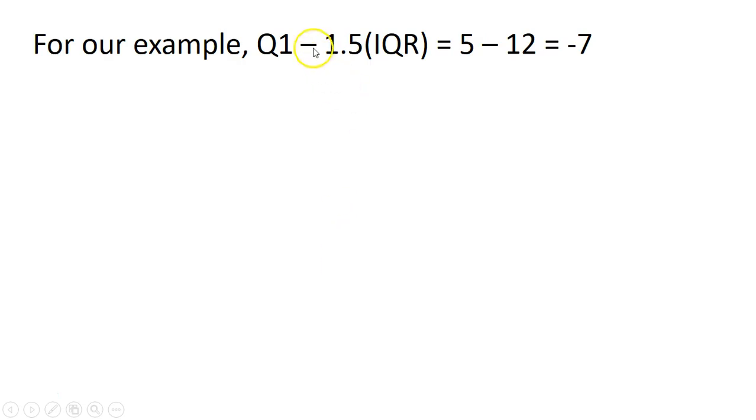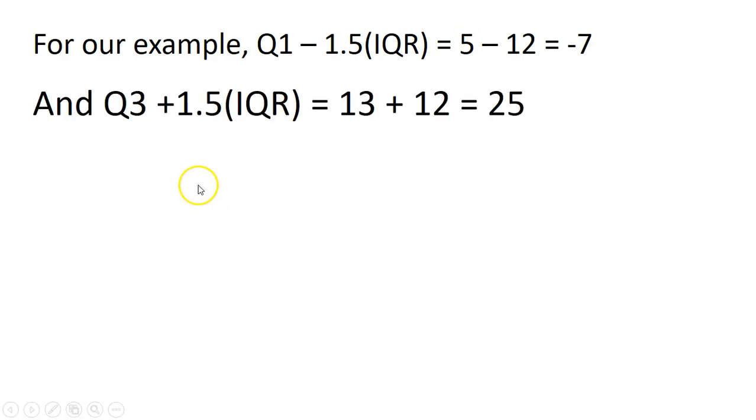For example, 5, the first quartile, minus 12 is -7, so anything below -7 will be an outlier. Well, our data was not below -7, so we don't have to worry about that. Then you take the third quartile, 13, plus 12, which is 25. Anything above 25 would be an outlier.